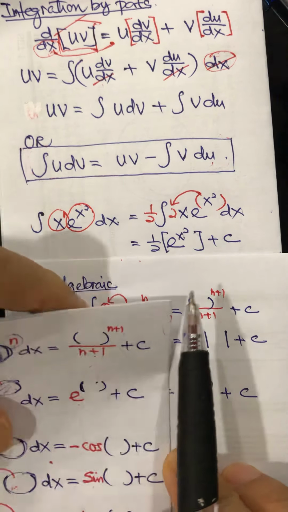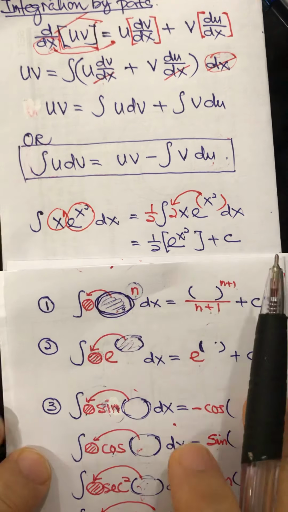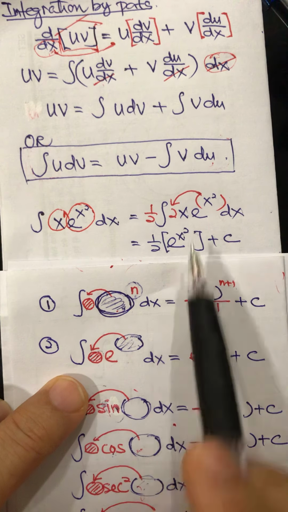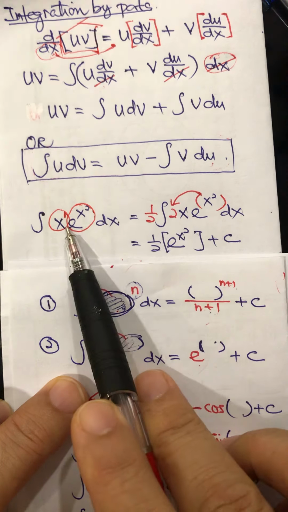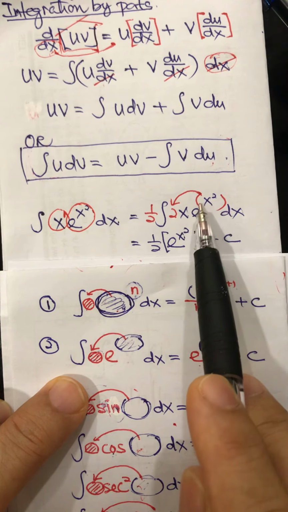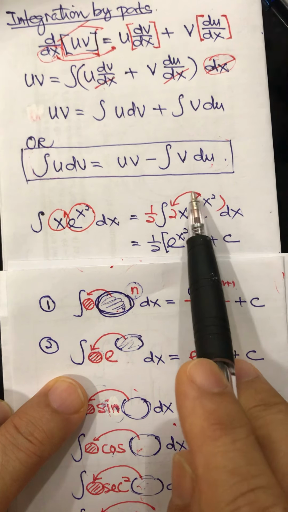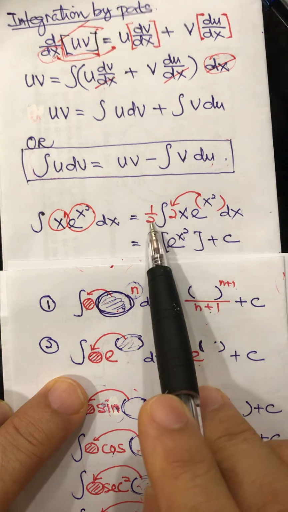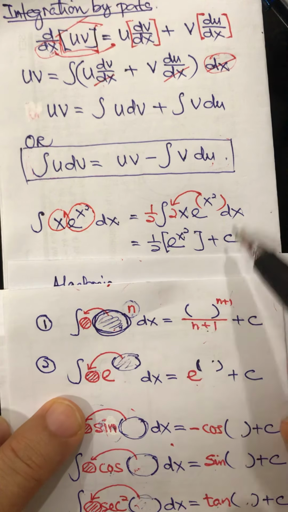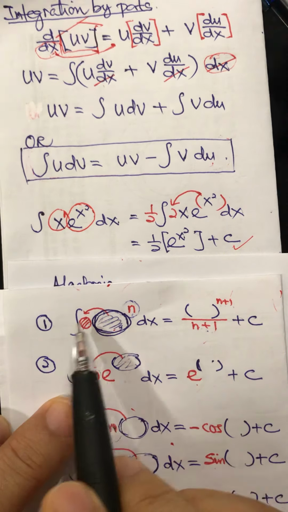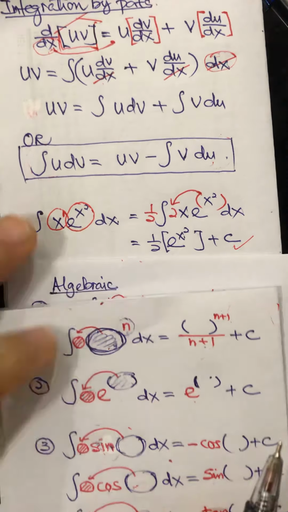When you want to integrate this, actually we can use this method. Because x e to the x squared, you should know already, the bracket is here. You differentiate this, you get 2x, then you add a half. Then this is definitely correct.